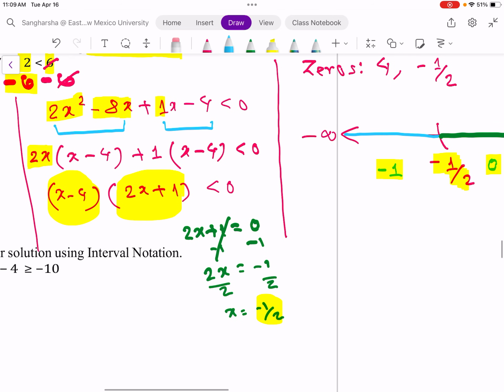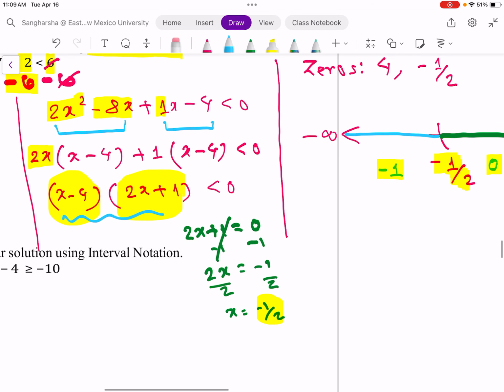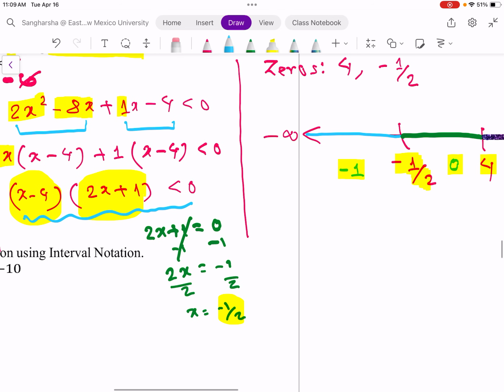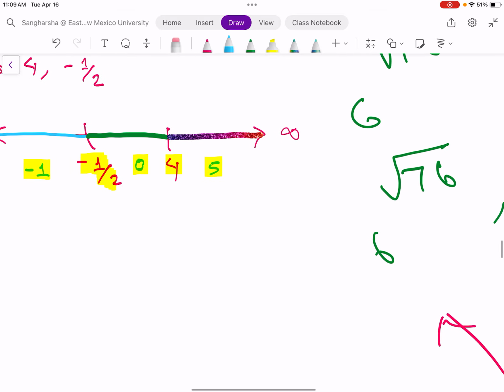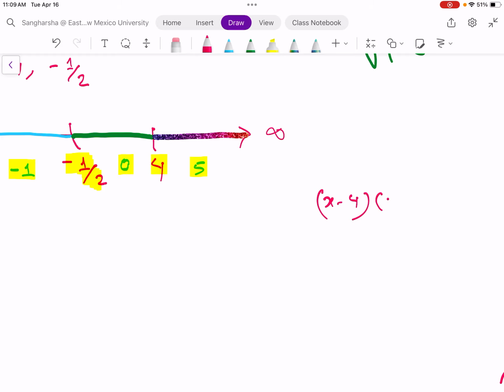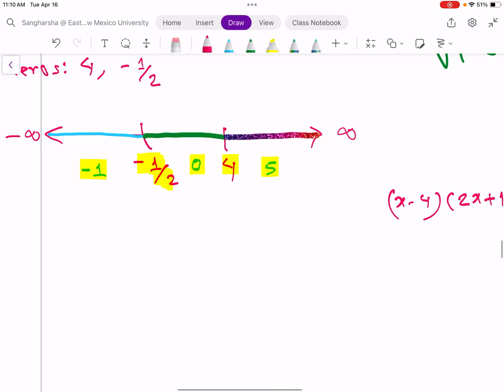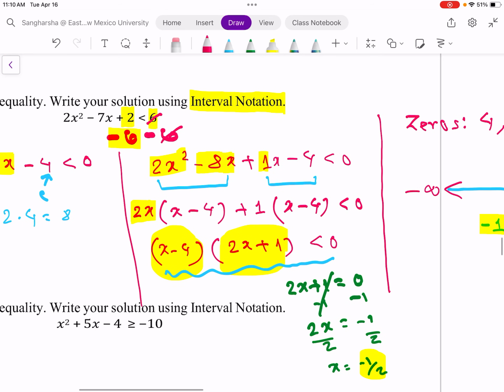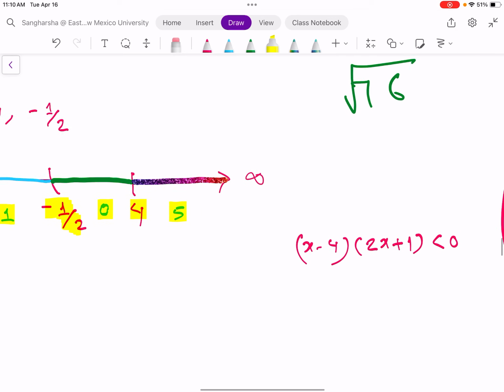So our inequality is x minus 4 times 2x plus 1 less than 0. Or you can use this one. Okay, it's the same thing. This is in factor form. That's the only difference, but these two are the same inequality.